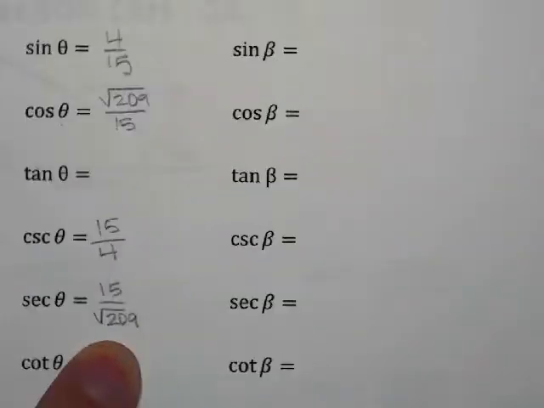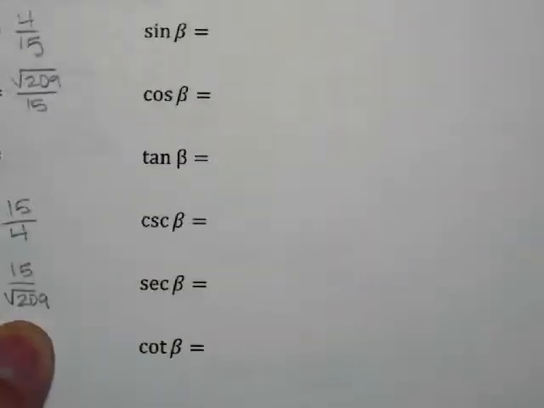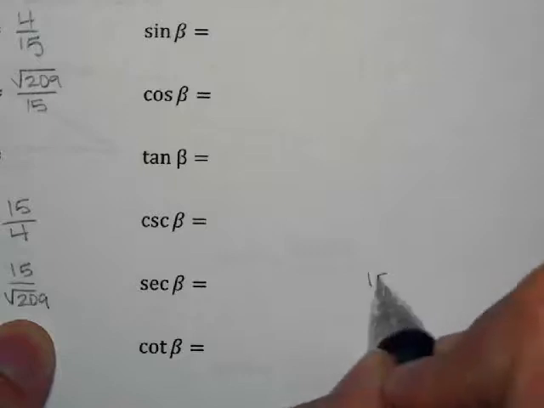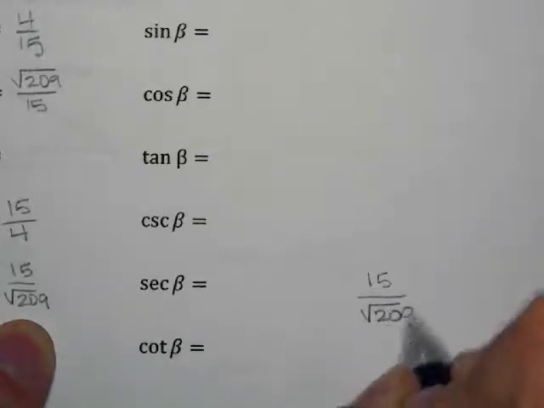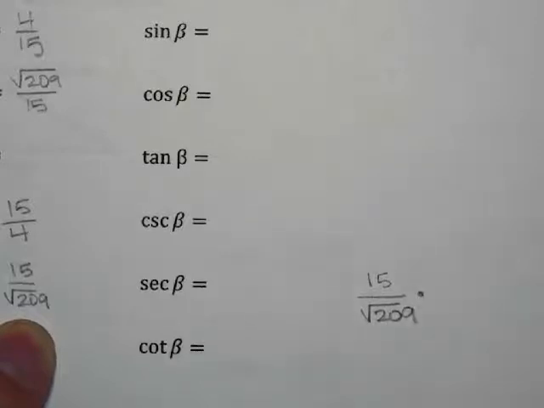So I'm going to go over here. I'm going to write 15 over root 209, and then we're going to reach all the way back to Math 2, and we're going to remember how to rationalize. How do we rationalize? We don't want to leave the radical on the bottom, so we're going to multiply the problem by 1.